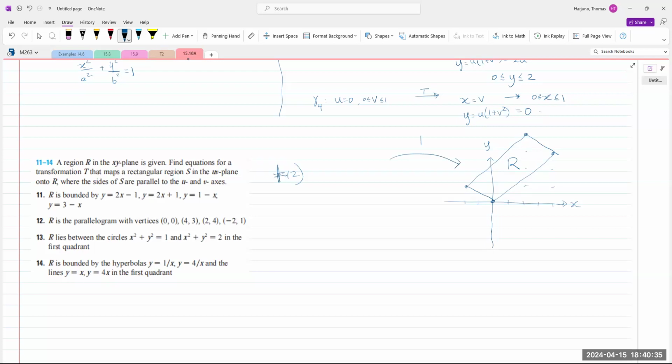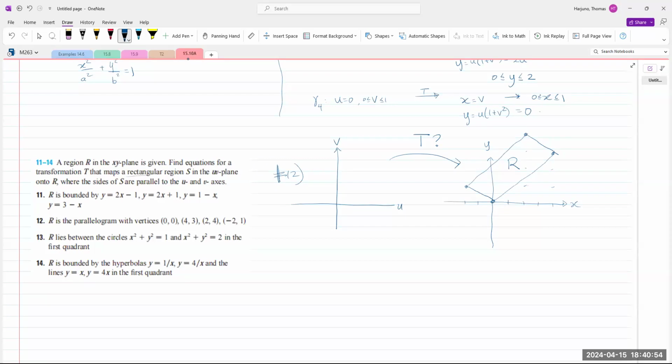The thing is, we need to find a T, that's the one in question, from a UV plane that comes from a square. It doesn't have to be a square though, it's a rectangular region.